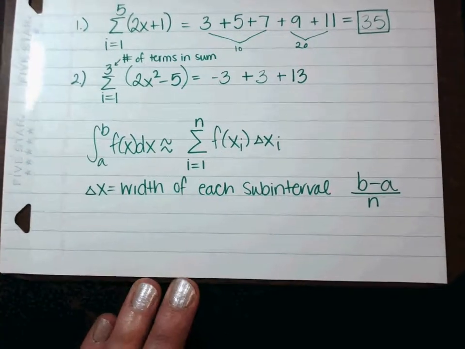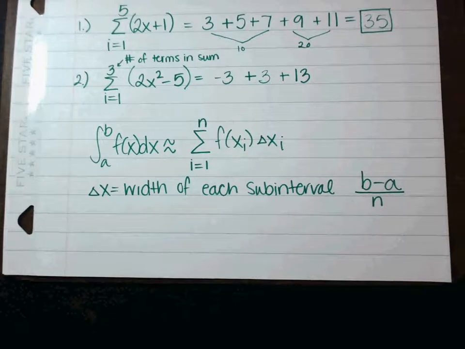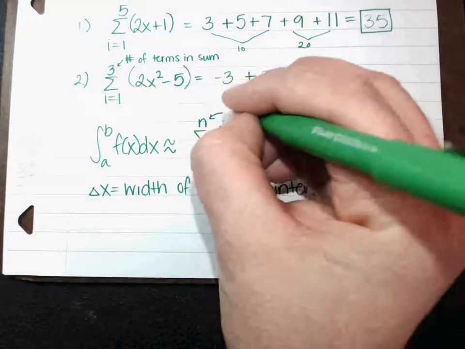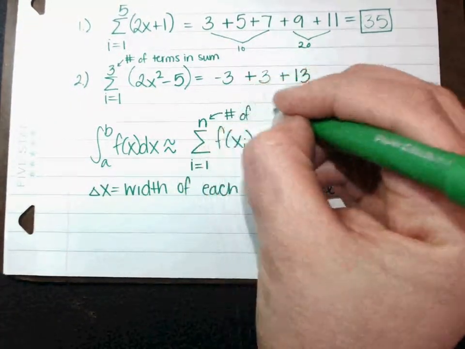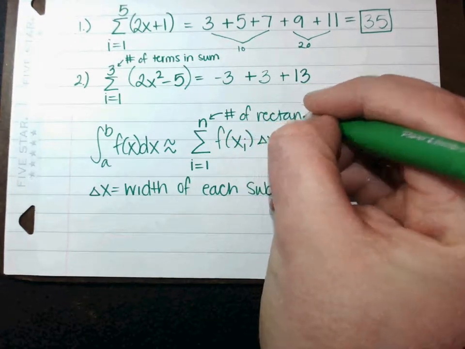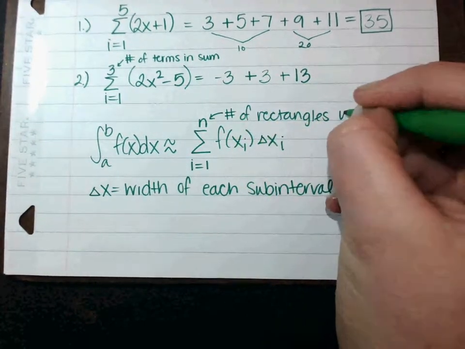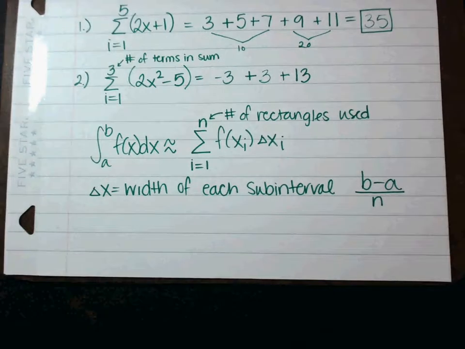We're going to practice all of this, so I know right now it's kind of confusing. So delta x is b minus a over n. Now, n is the number of rectangles used in the approximated area.